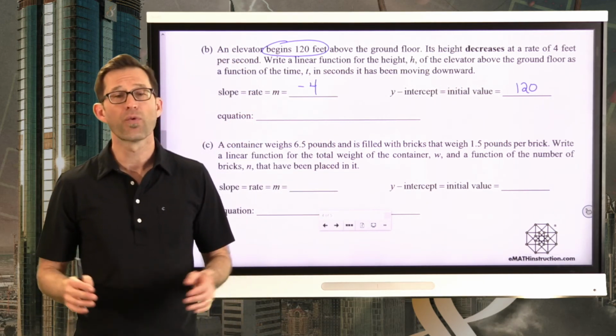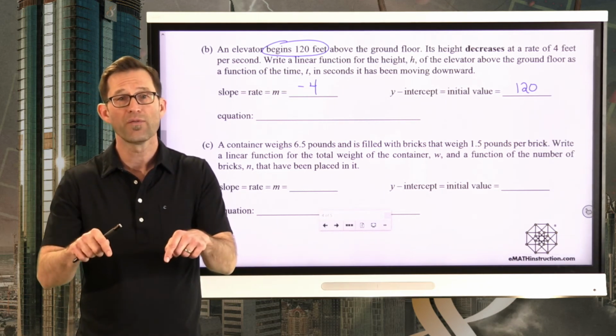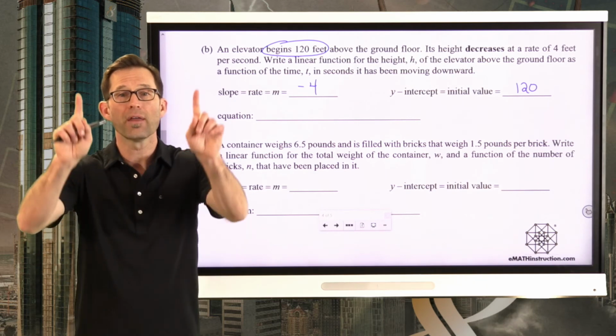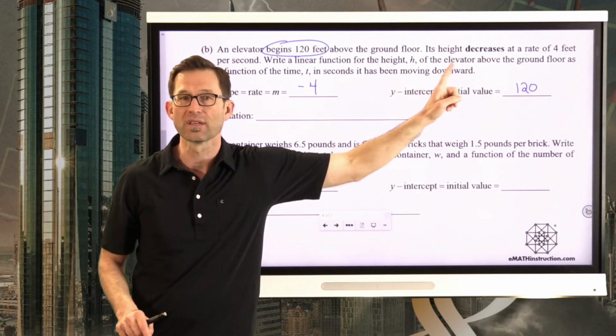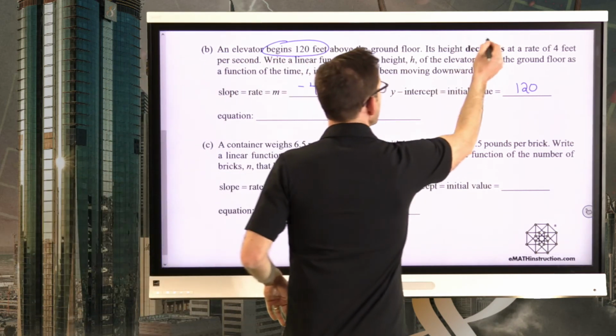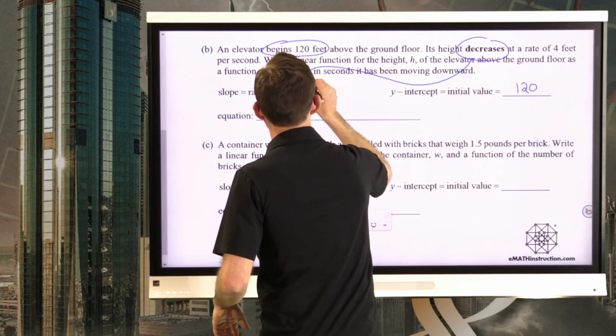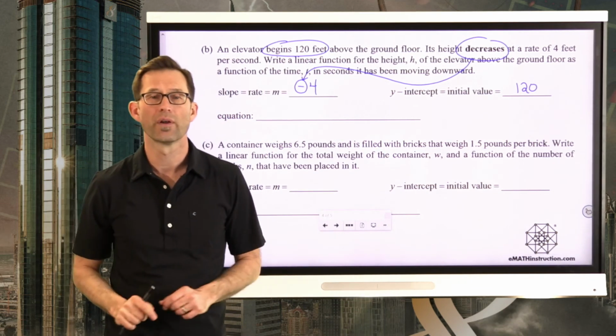If you had +4, what that would mean is that you're going to get on at 120 feet above the ground and you're going to go up at 4 feet per second. But it's very clear that the height is decreasing here, so the rate must be negative. Literally, decreases means a negative rate. That is so very important.